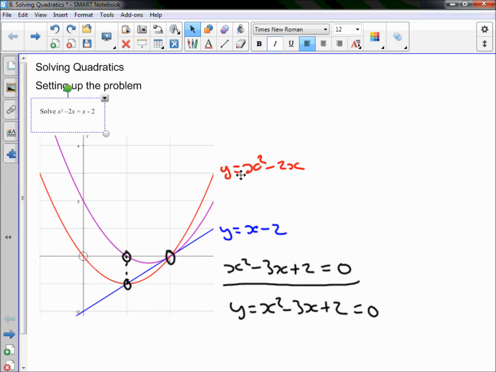This is why when we solve a quadratic equation, quite often the solutions are referred to as the roots or the zeros, because they're the points at which the quadratic is equal to 0. So, without any further ado, let's have a look at doing that.